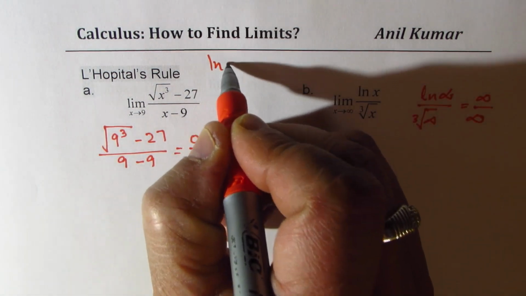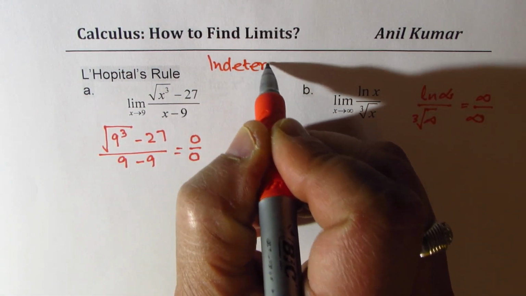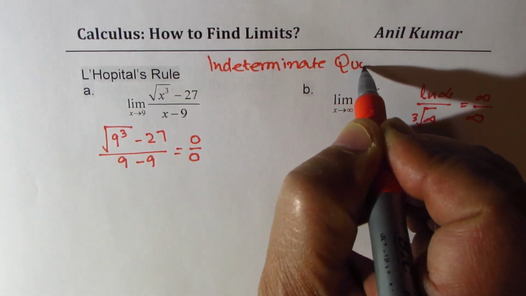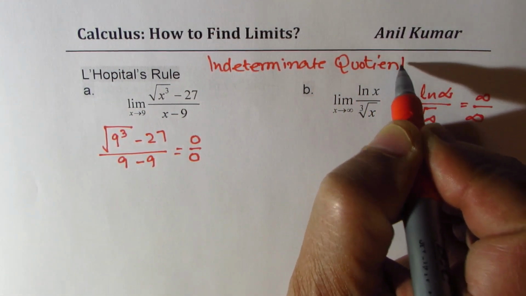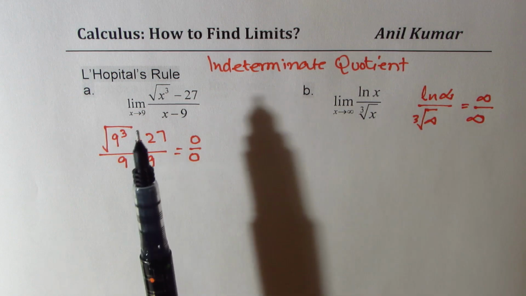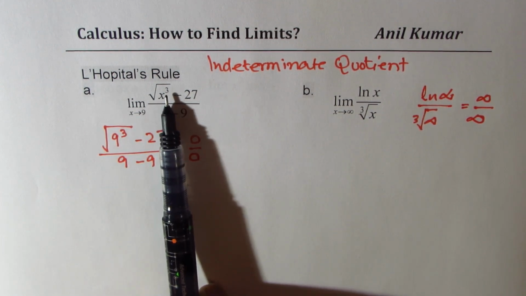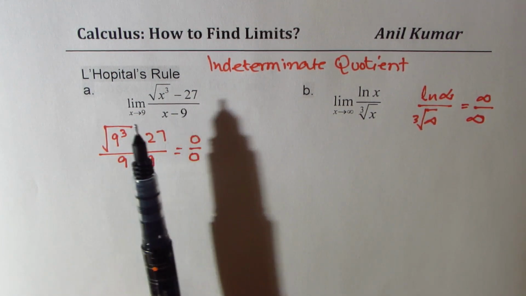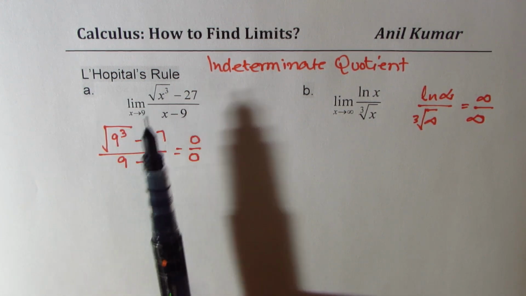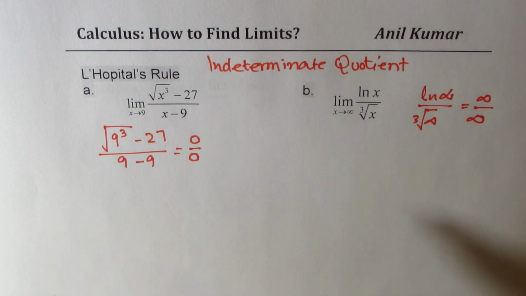So in this case, we can apply the L'Hopital's rule. The rule basically is to find the derivatives of numerators and denominators. So the limit remains same when we find the derivatives of numerator and denominator.